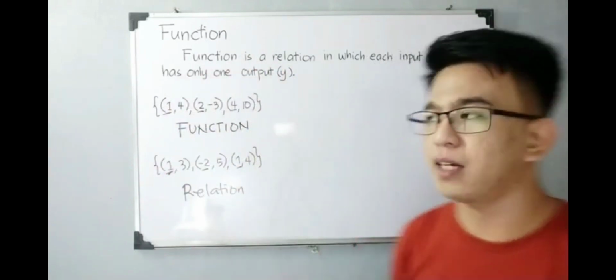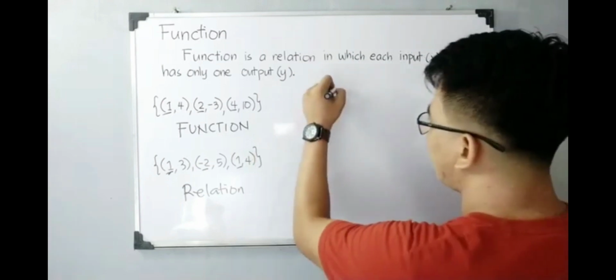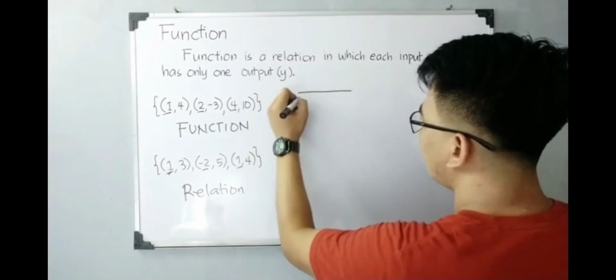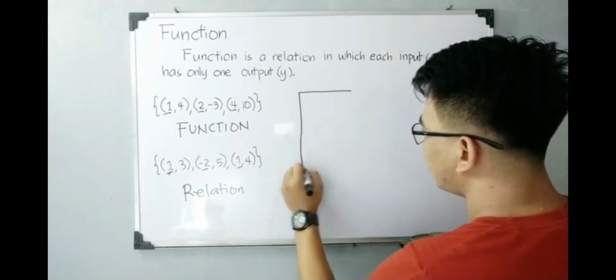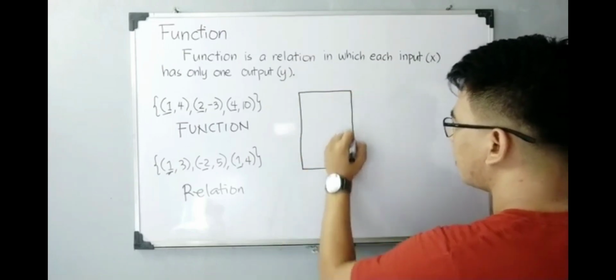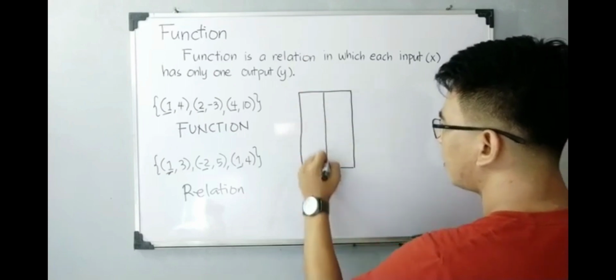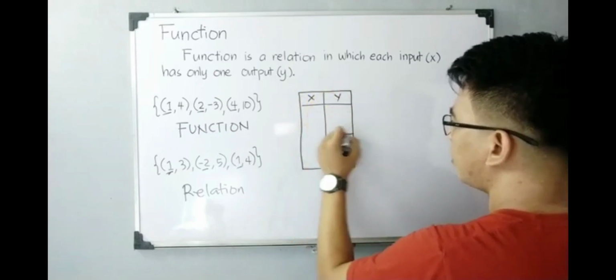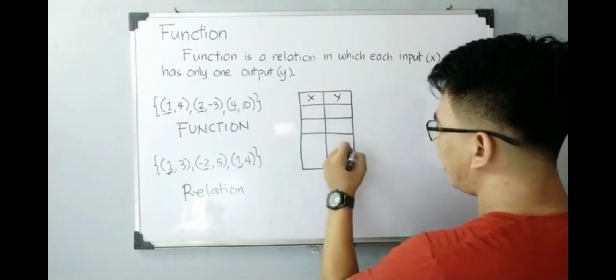Paano naman sir kapag table of values? So let's say for example, meron tayong table of values dito. Let's have these values. Let's try this one. These are the values of x. And for the values of y, try natin.